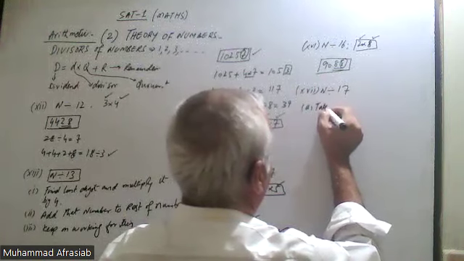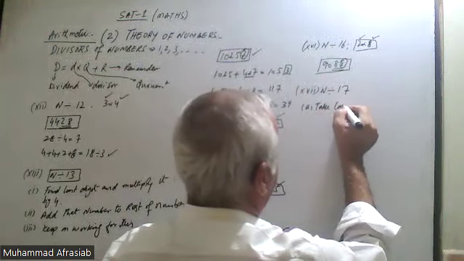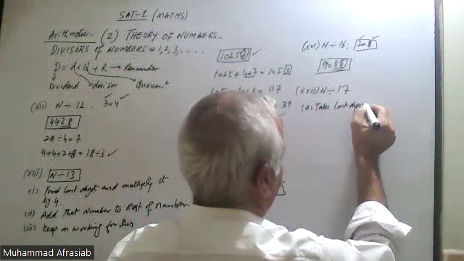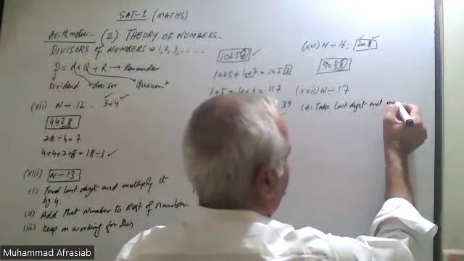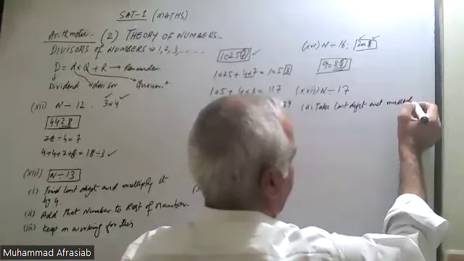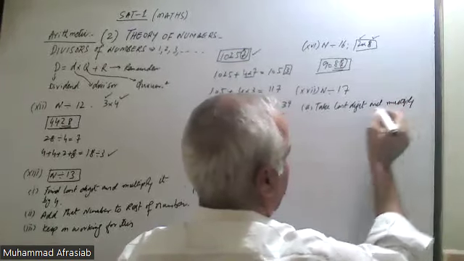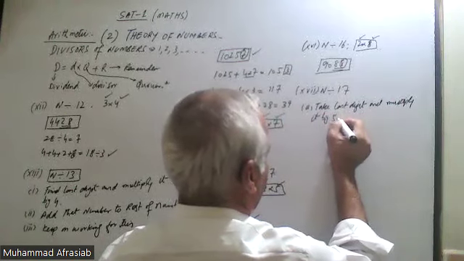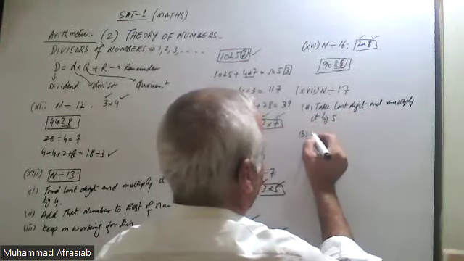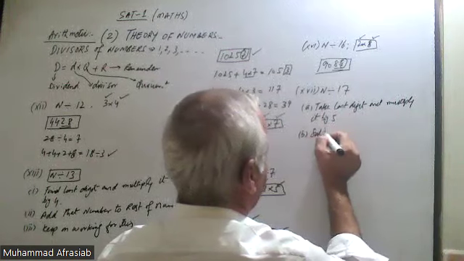Take the last digit and multiply it by 5. Then subtract this number from the rest.